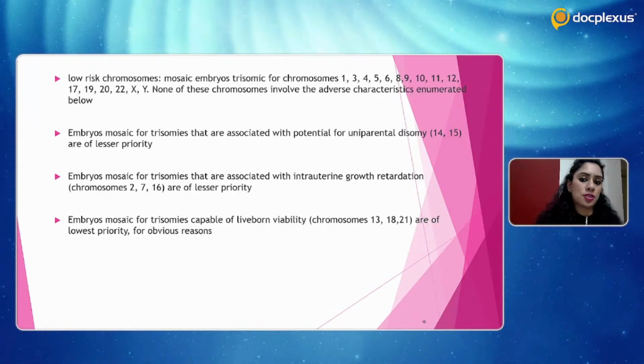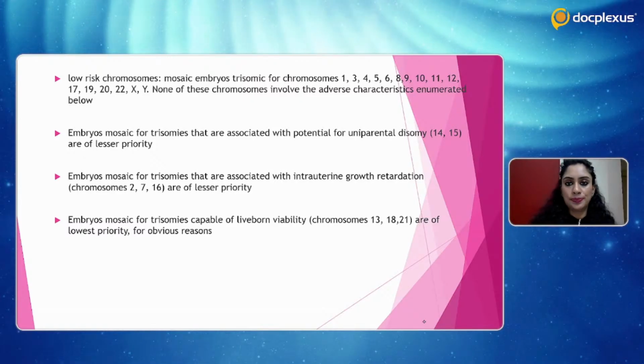Mosaic embryo trisomies for chromosomes 1, 3, 4, 5, 6, 8, 9, 10, 11, 12, 17, 19, 20, 22, XY. None of these chromosomes involve the adverse characteristics enumerated below. Embryos mosaic for trisomies that are associated with potential for uniparental disomy, like 14 and 15, are of less priority.